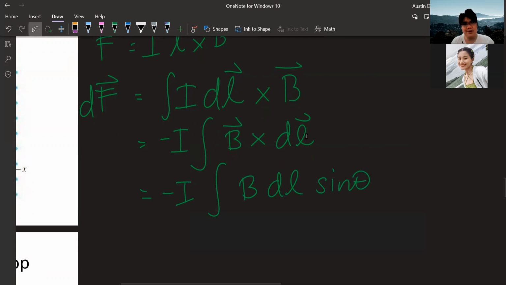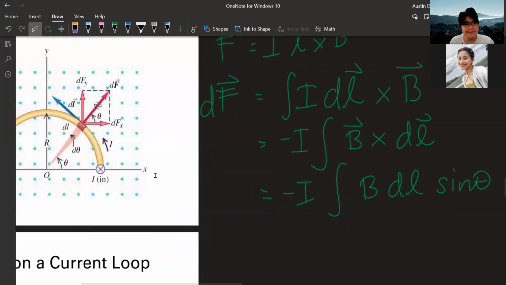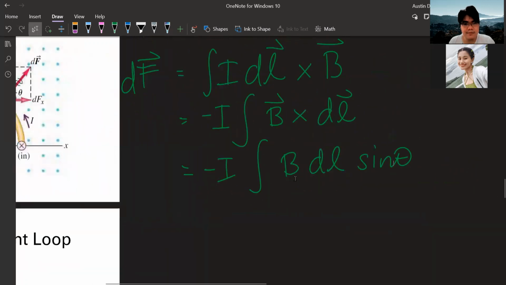Okay, kasi ito yung usual na multiplication, di ba? Pag cross product. Okay, we just now need to find what DL is. And DL has to be, okay.